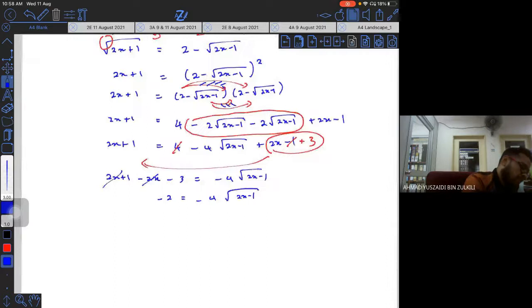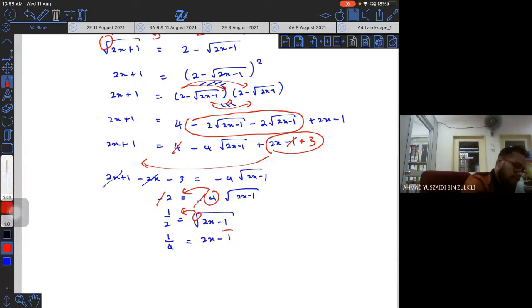Okay. Negative, negative, we can make it positive. And then you transfer 4 to the other side. Division. So 2 over 4 is 1 over 2. So 2x minus 1. Okay, and then transfer it. I will get 1 over 4 is equal to 2x minus 1.